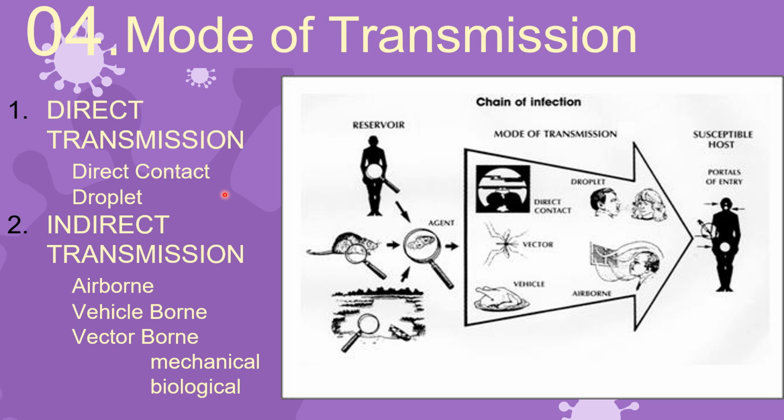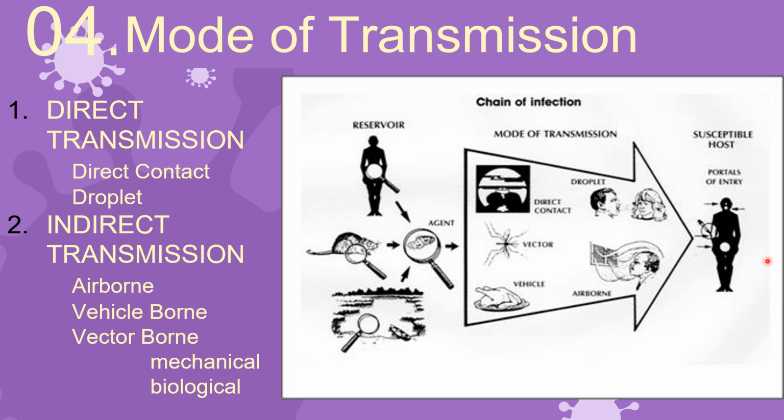Mga ganun. So, there are different modes of transmission of the virus from the reservoir to the susceptible host. According to your CDC, it is classified into two: direct transmission at saka indirect transmission.